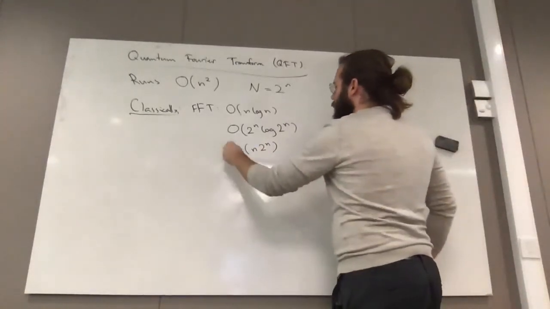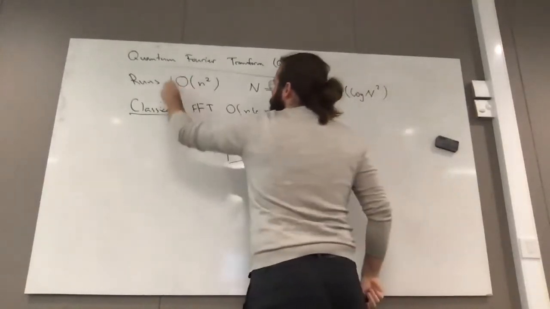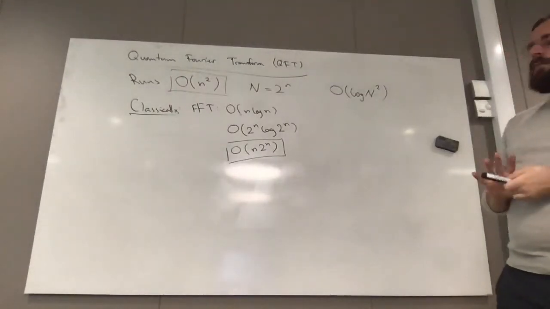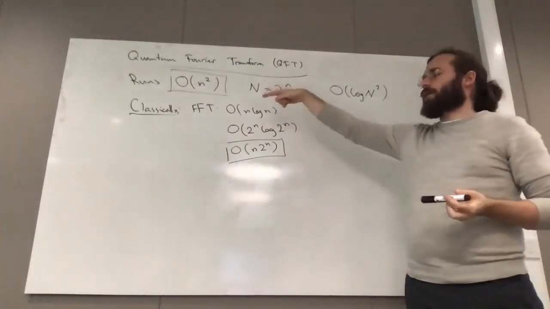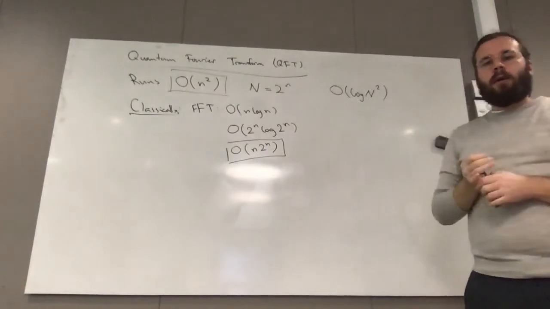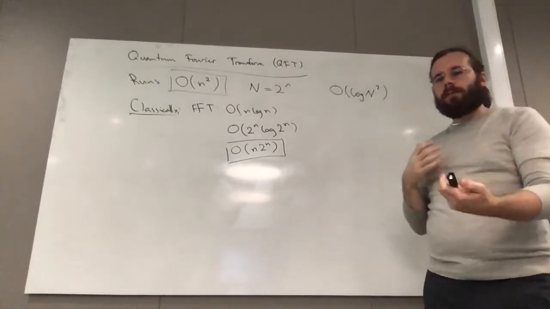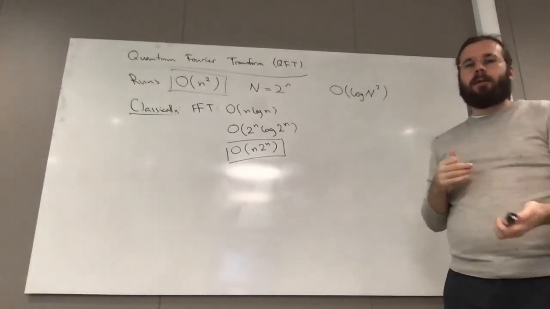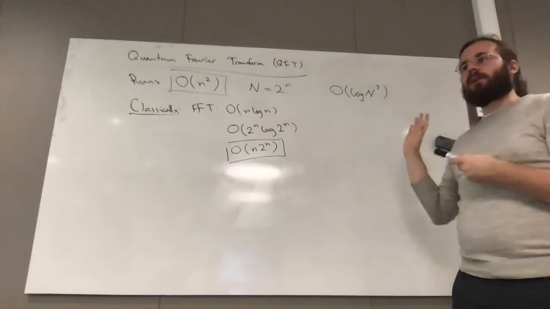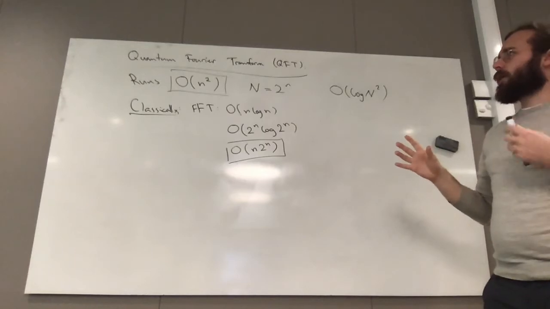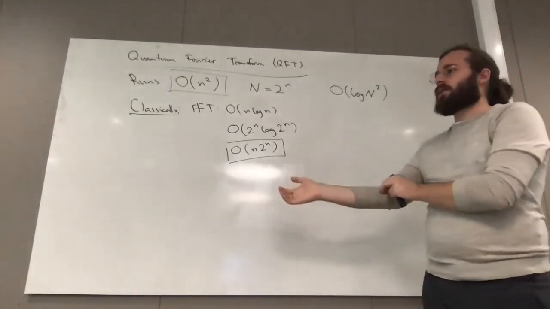So these are the real numbers that you have to compare. But if you only have classical data, you can't speed up anything, essentially. First of all, to prepare an exponential amount of data for transformation would already take an exponential amount of time, and also to measure the results would take exponentially many measurements. It's a bit more subtle than that. So that's what a quantum Fourier transform is not.